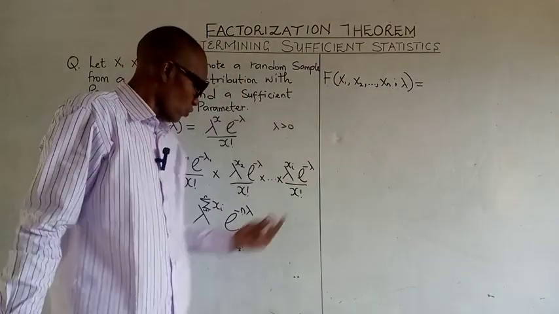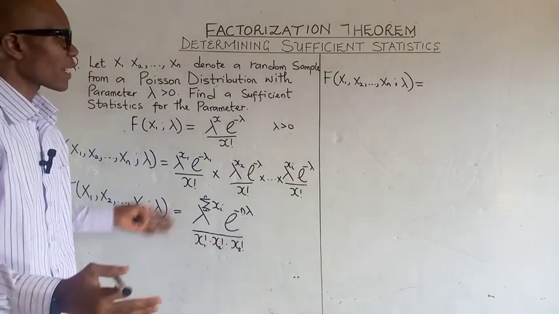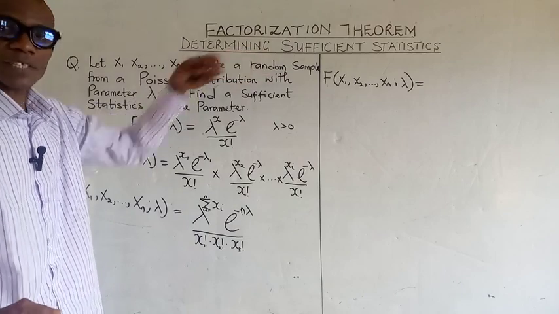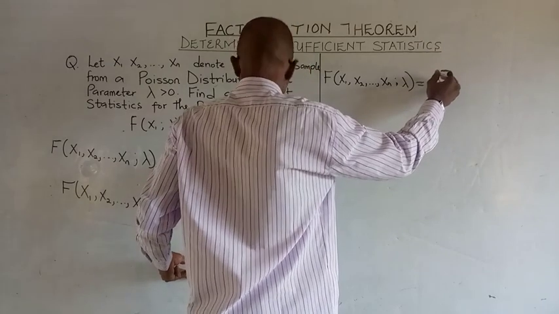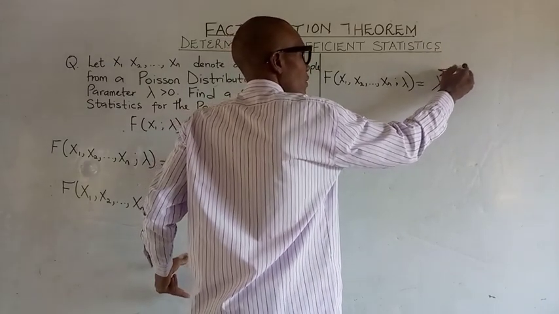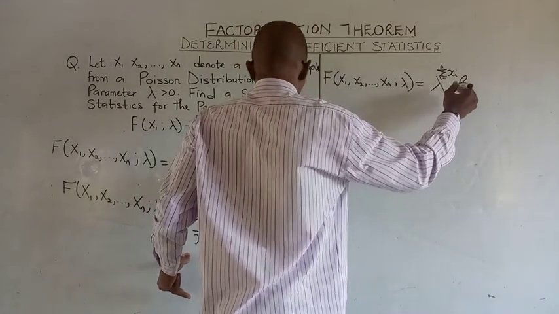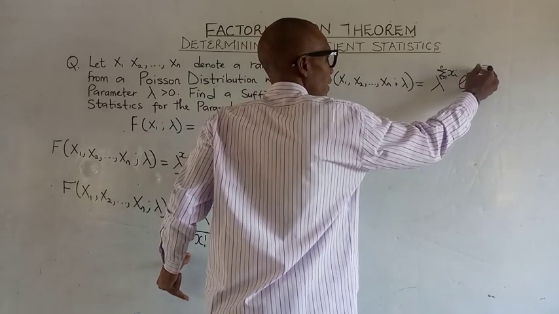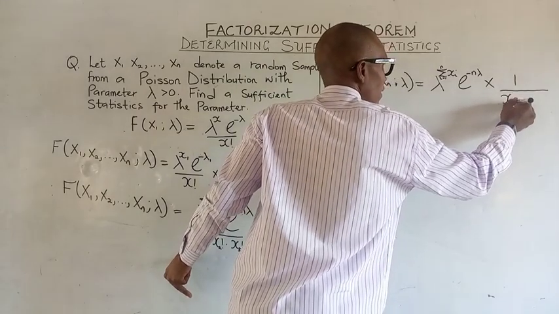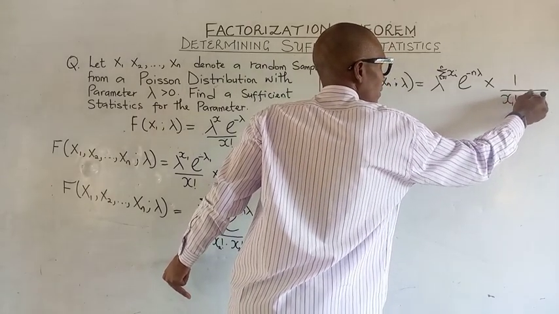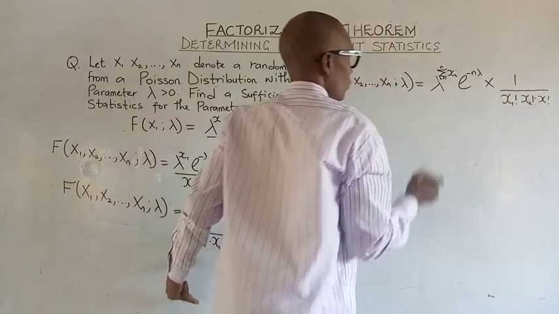You see that this function, if we put it into two components, like the definition for sufficient statistics, we can write it as lambda to the summation of xi, i ranging from 1 to n, times exponential of negative n lambda, multiplied by 1 over x1! x2! up to xn!, which is the product.